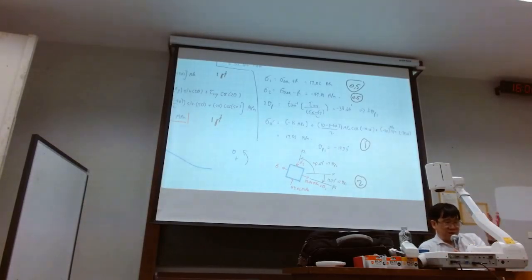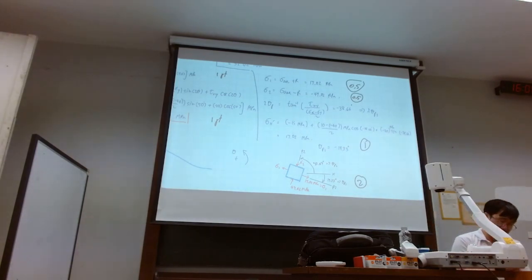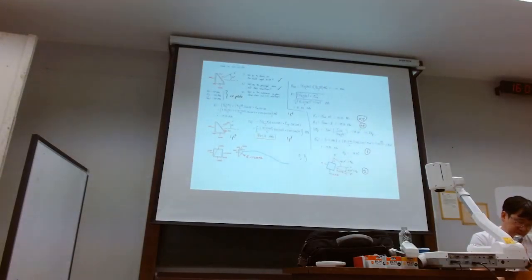So if allocating the whole question 10 points, this is going to be the distribution of how it goes. Any question before I move on to the third part?